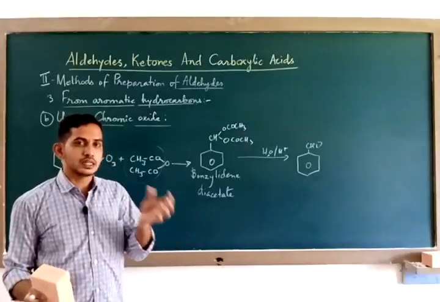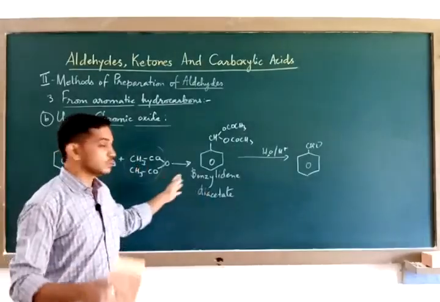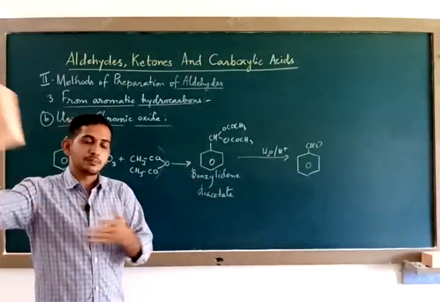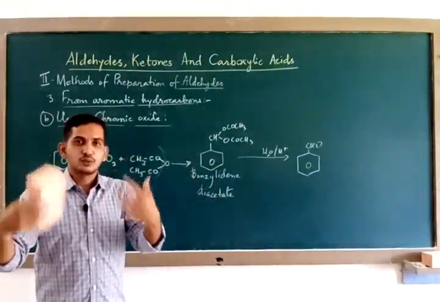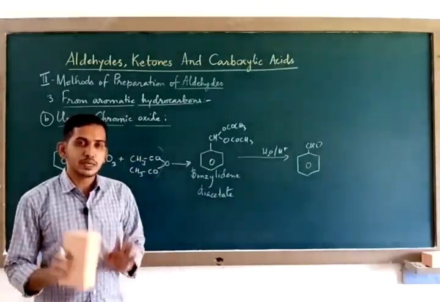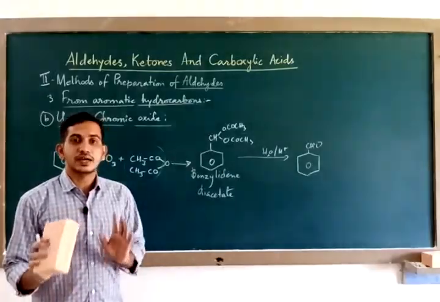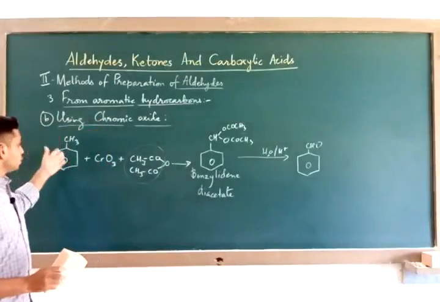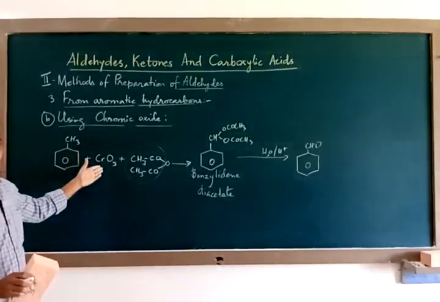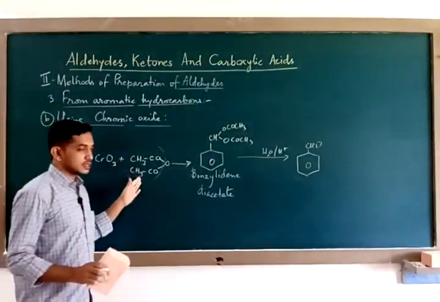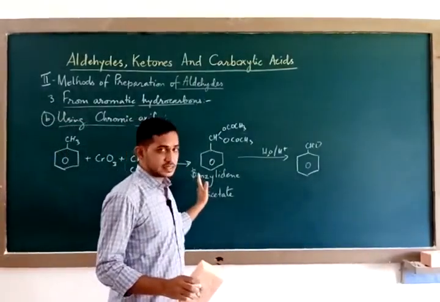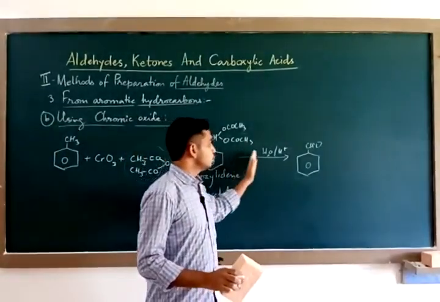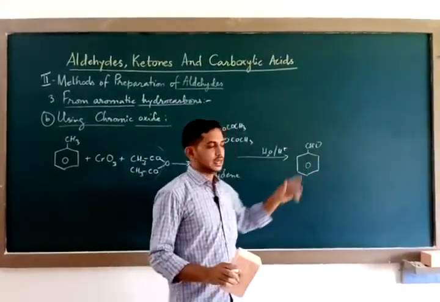Like in Etard's reaction, there was a complex in the middle step which was very big. You may ask, sir, what happened to the other byproduct? Forget them. If you write the main product, that is enough and it is much required. So in this reaction, toluene is reacted with chromic oxide and acetic anhydride to give you benzylidene diacetate, whose hydrolysis gives you benzaldehyde.